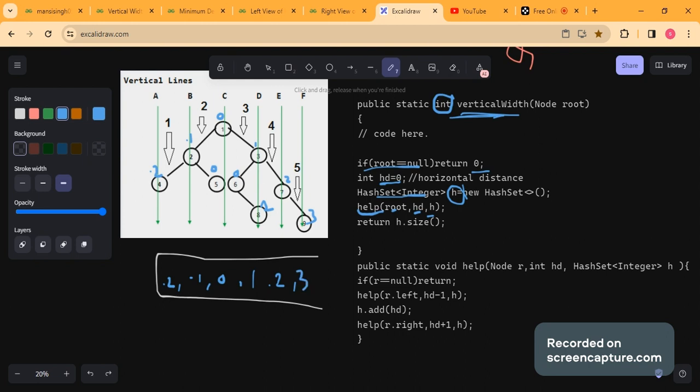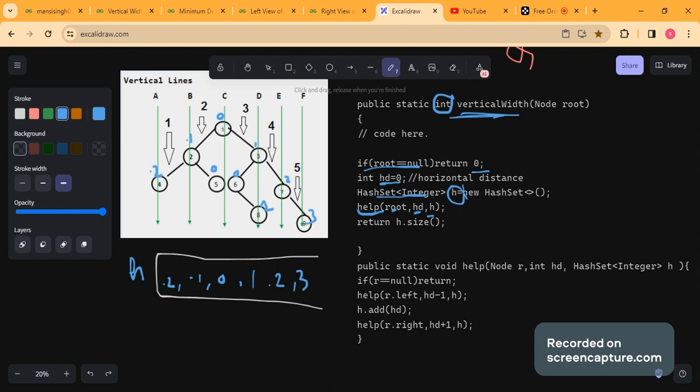Now if I check the size of this hash set h, we can see that it has a size of 6, which was our answer, because all the nodes had some index values and they were passing through these lines. You can imagine these lines passing through all the nodes having the index as 0, and here the index as 2. So this is the basic approach.